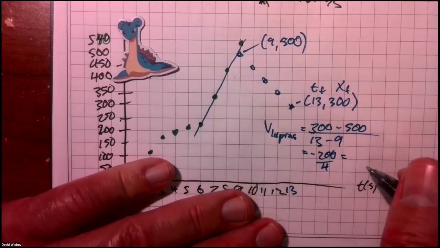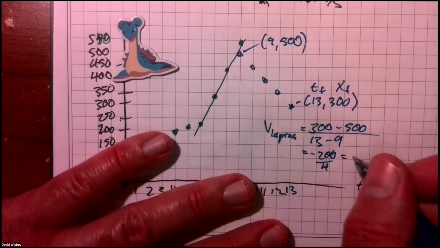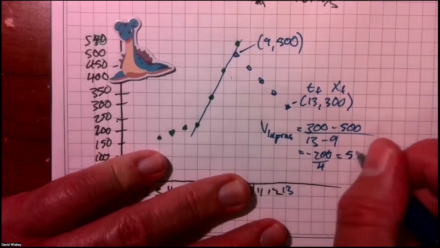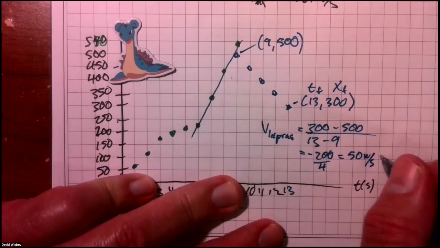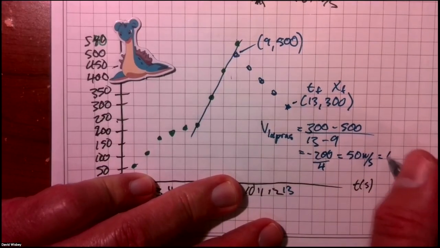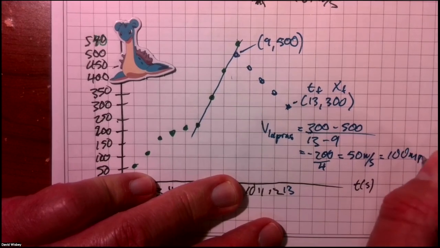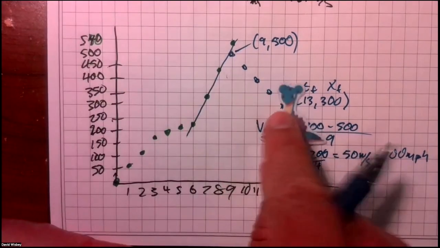So that is minus 50 meters per second. 50 meters per second. Times two, he's going, oh my gosh, he's going 100 miles per hour. Look at the Lapras go.